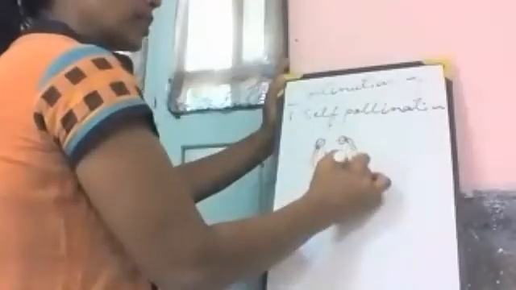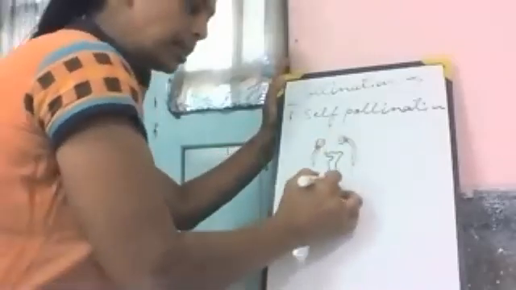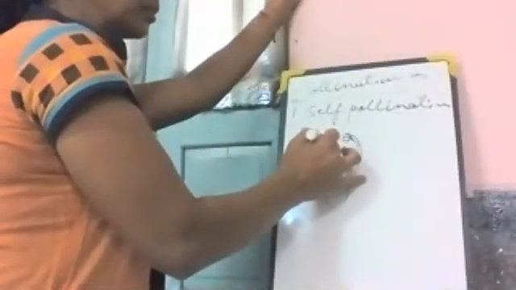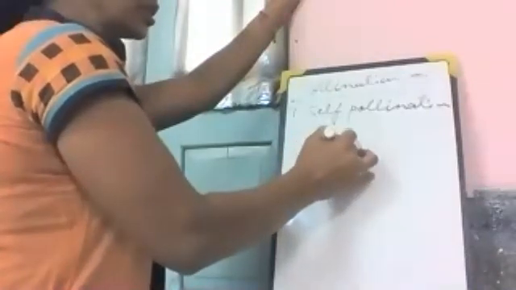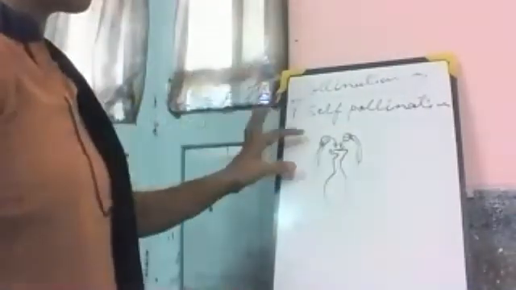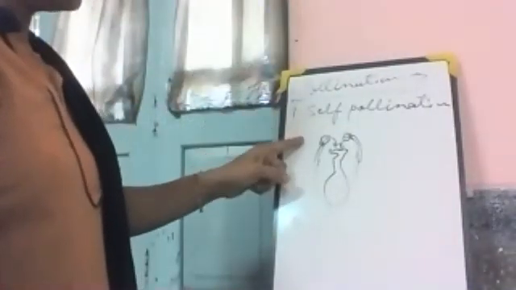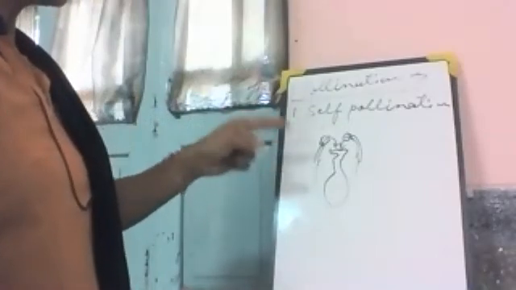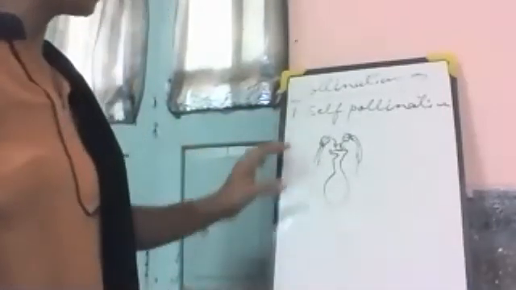When this anther sac opens and the pollen grains reach the stigma of the same flower, it is known as self-pollination.